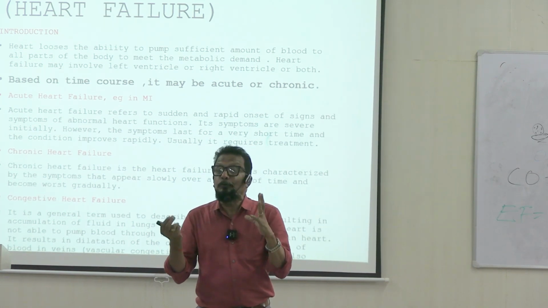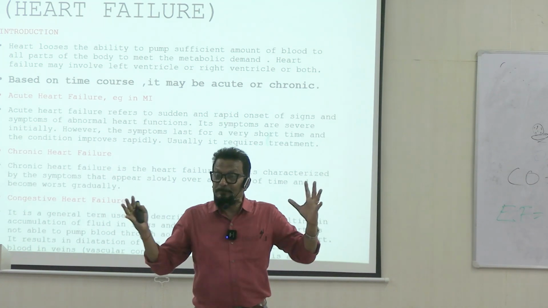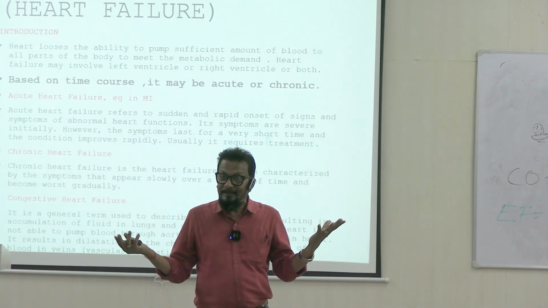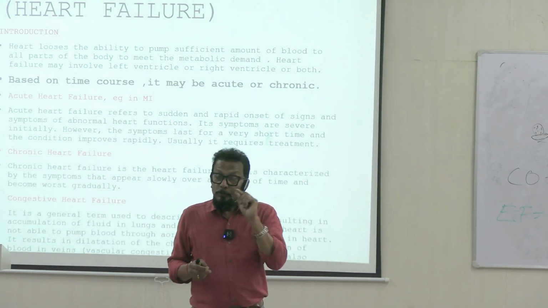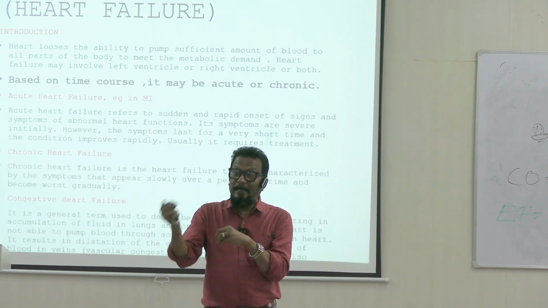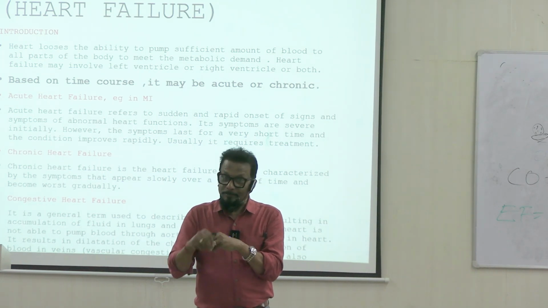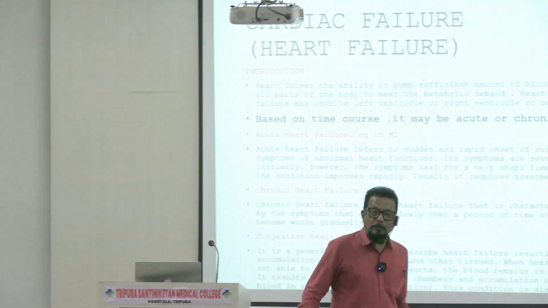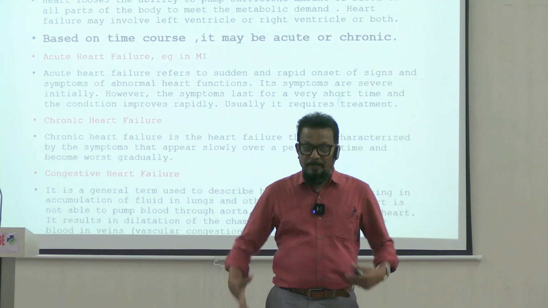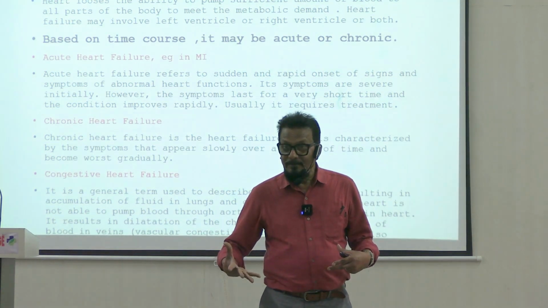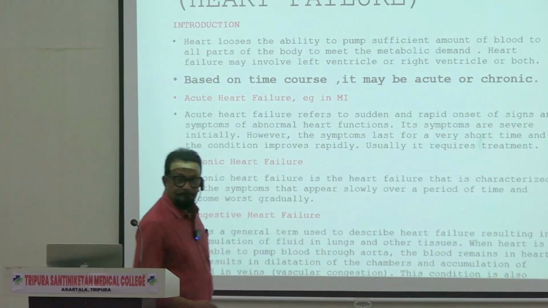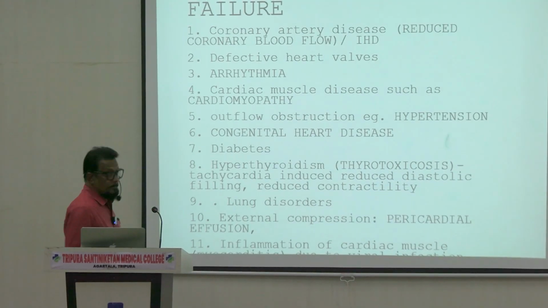This extracellular fluid will reduce the elasticity of the lung, so lung tissues will face difficulty in expanding and contracting. Not only this, some fluid may enter the alveolar space. Fluid may also accumulate in the periphery, in the lower part of the body, and in the abdomen as ascites. This may be seen because of congestive heart failure. What are the causes?